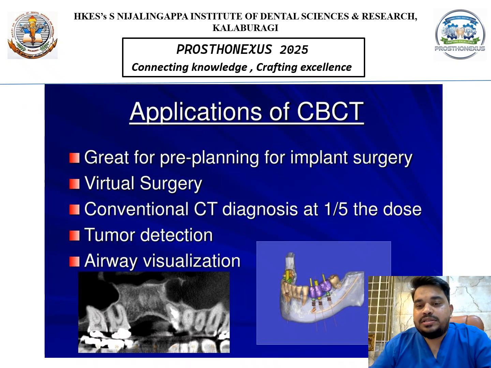Why CBCTs have become important is that they give completely accurate, 100% accurate three-dimensional data of the bone. They help in the diagnostic procedures. They help you to detect tumors. They help you to do virtual planning of implants. There are a lot of things that you can use as a diagnostic aid.